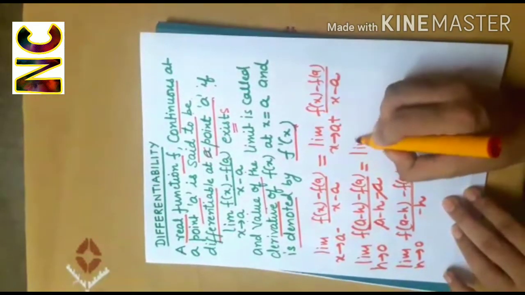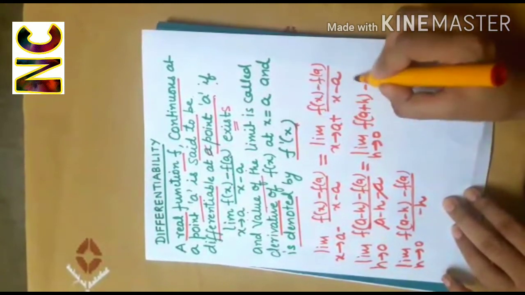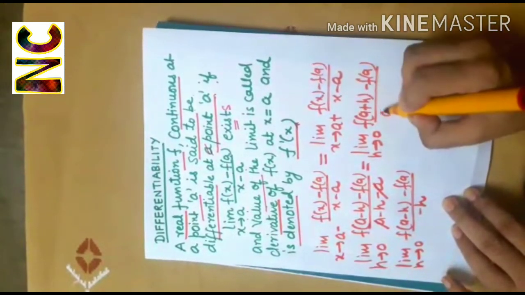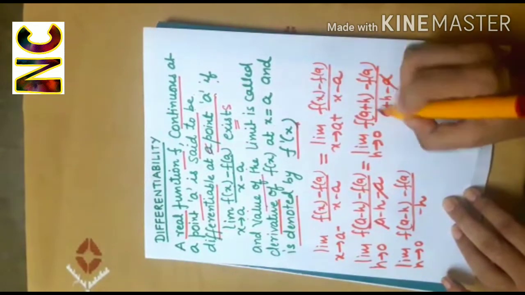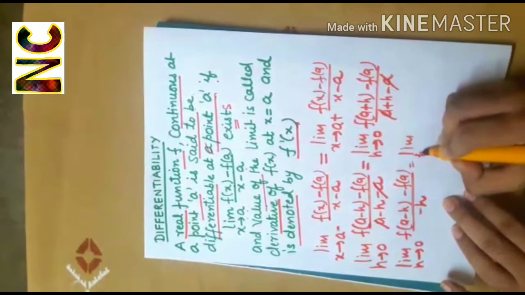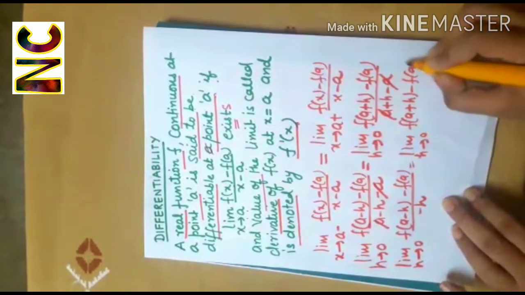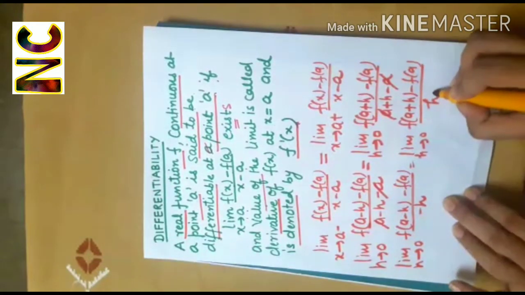Similarly, the right hand limit will be the limit as h tends to 0 of f(a plus h) minus f(a) over h.